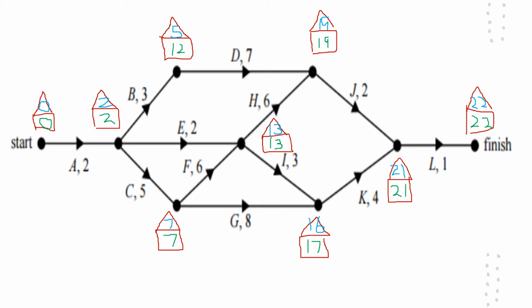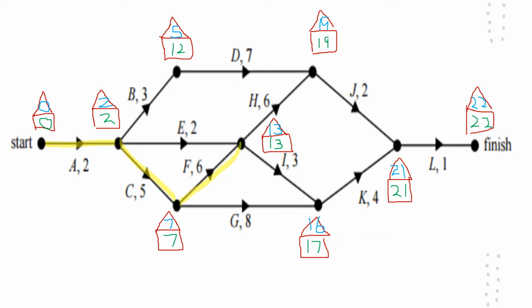So now I can identify the critical paths. The critical path is where the number in the top and the bottom is the exact same, and I follow that route. That's my critical path. So in this case, if I follow along, be A down to C, because in that I've got 7 and 7.